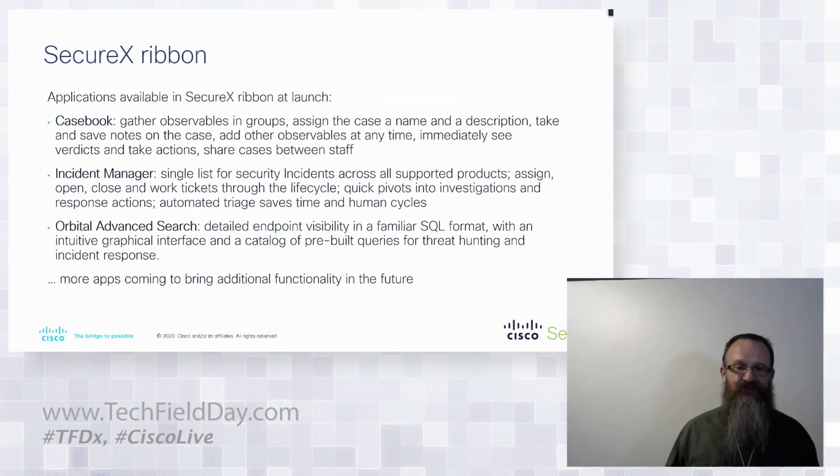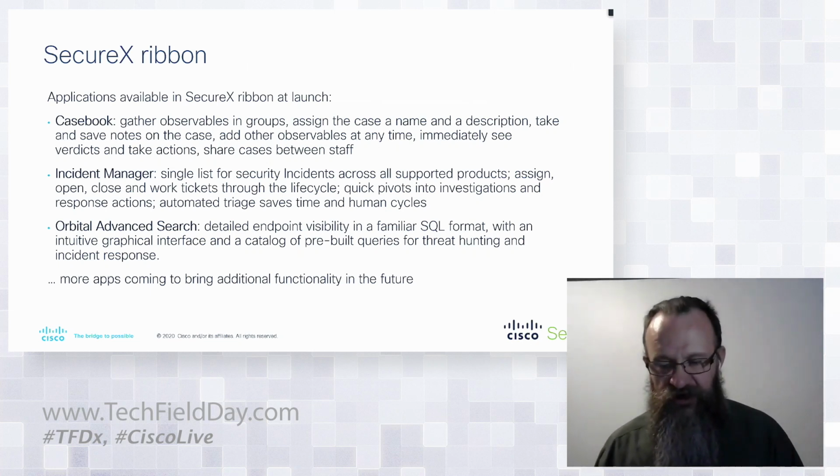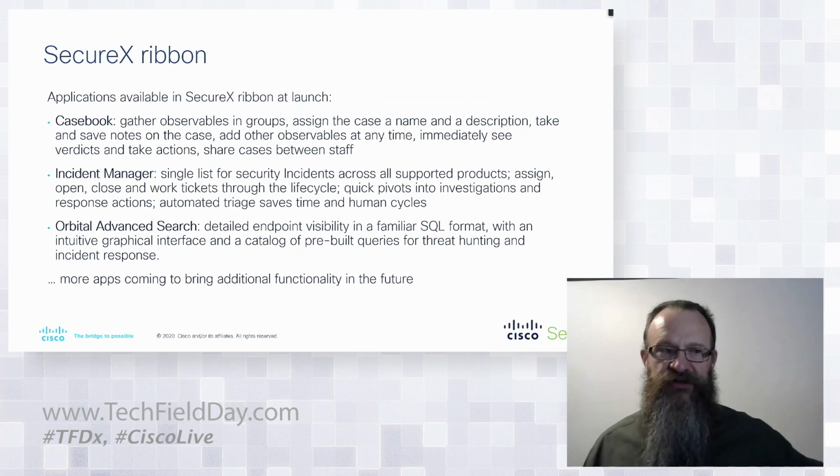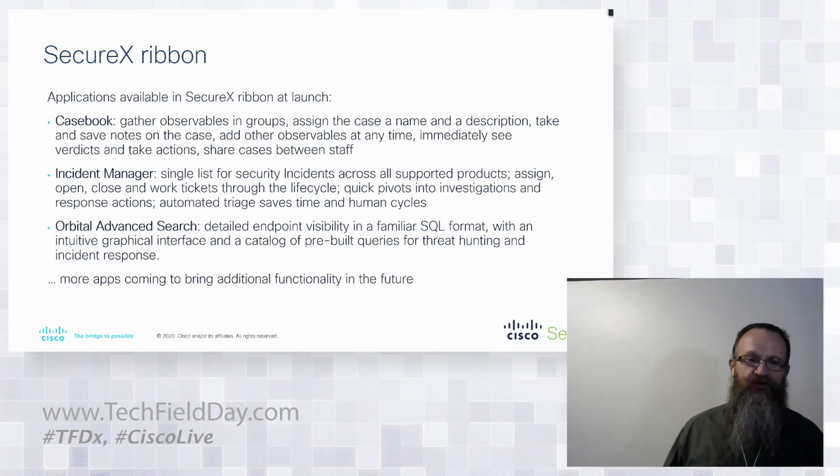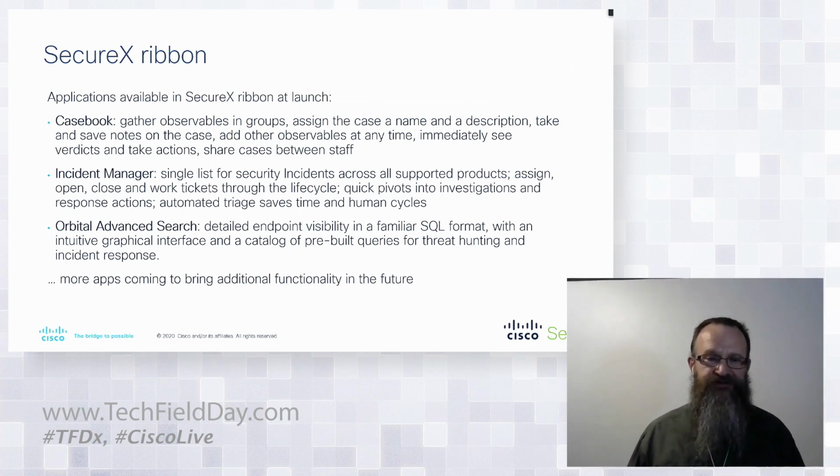And Orbital Advanced Search. This is an interesting example because it gives you a function of another product hosted in the ribbon. So this is not a SecureX hosted capability. Orbital Advanced Search is something that comes with one of the AMP licensing tiers for AMP for Endpoints. If you have that, you'll have it in the ribbon. So you'll be able to kick off these detailed endpoint searches.